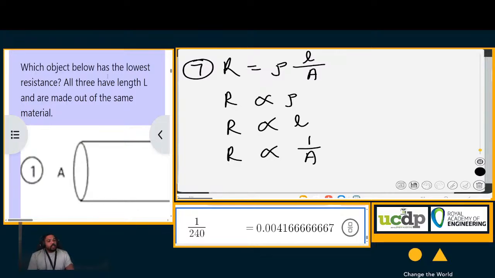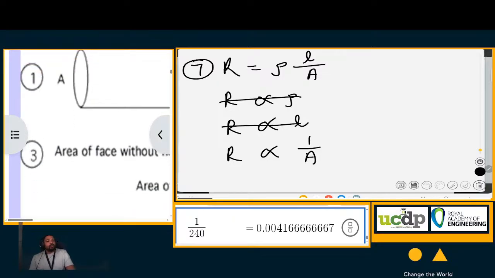All three have the length L, so they are all the same length, so we won't look at that. They're all made out of the same material, so we won't look at that, so we will look at the cross-sectional area. The one with the largest cross-sectional area will have the lowest resistance.